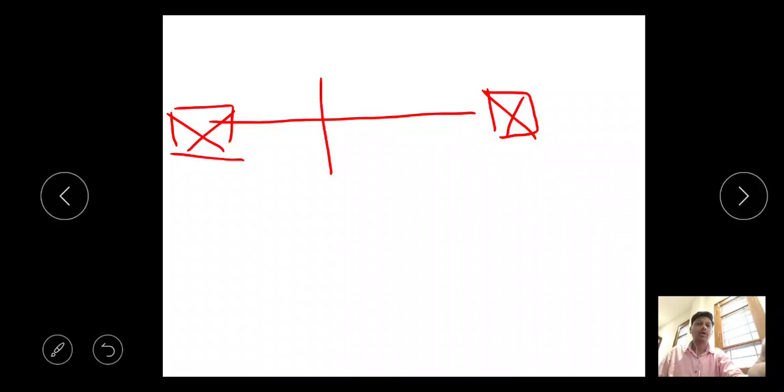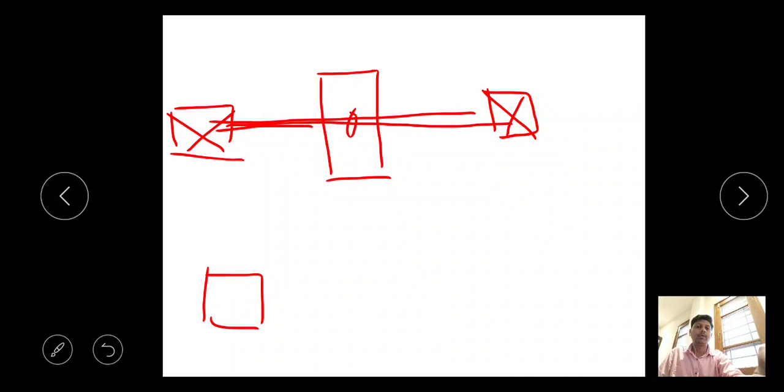I'll consider one plate or disc here, and I'll call this point O. When it is stationary, it will be like this. If I start rotating this shaft, this bearing will be fixed. Now what happens?